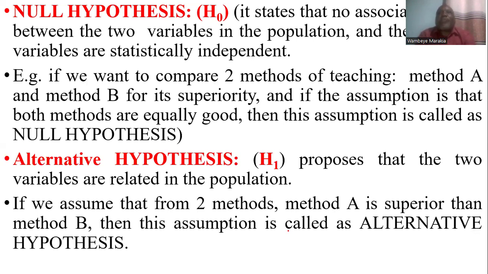If you put one of the variables above the other, then this is an alternative hypothesis. Remember, in a null hypothesis we stated that there is no association between the two variables under consideration.